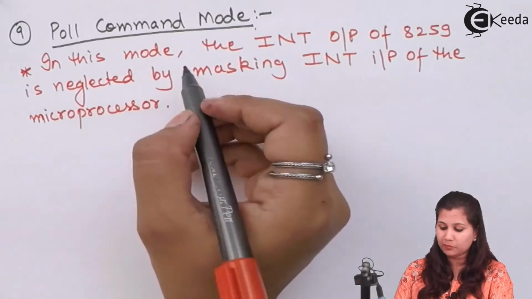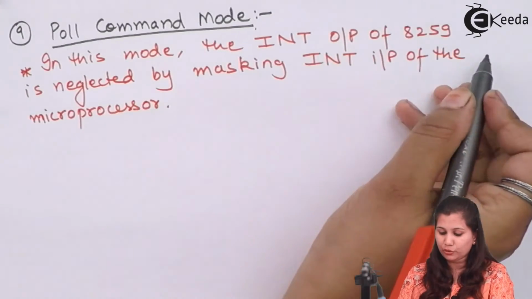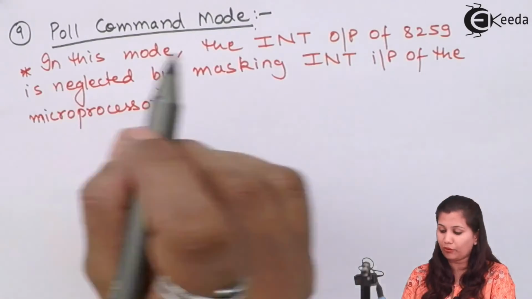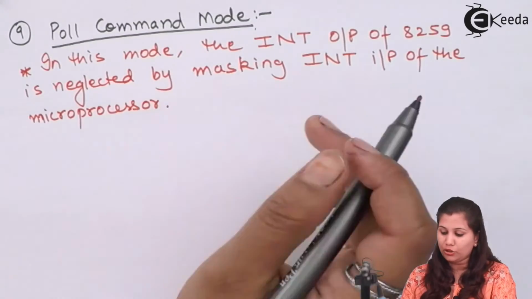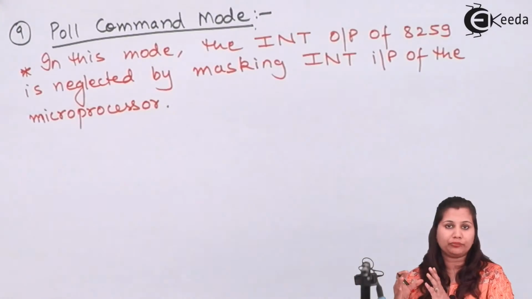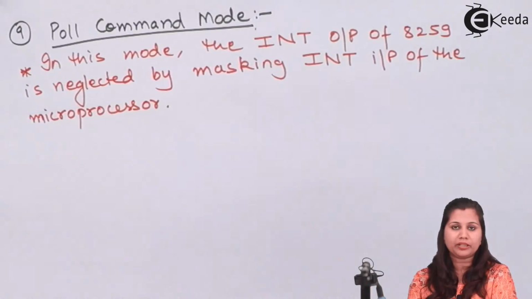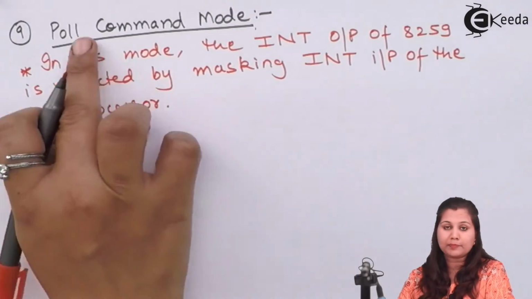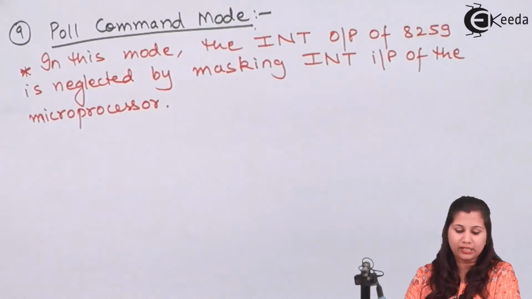So in this mode, the INT output of the 8259 is neglected by masking the INT input of the microprocessor. This INT output of 8259 is connected to the interrupt input pin of the microprocessor. So by masking that input pin, this hold command mode can be executed.